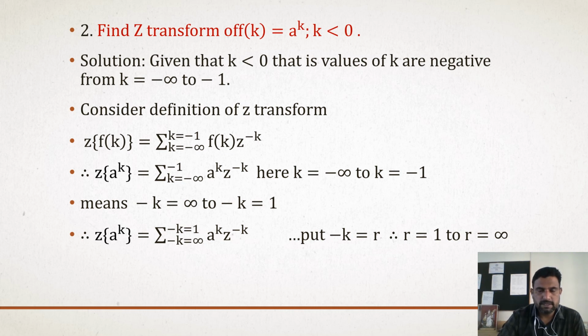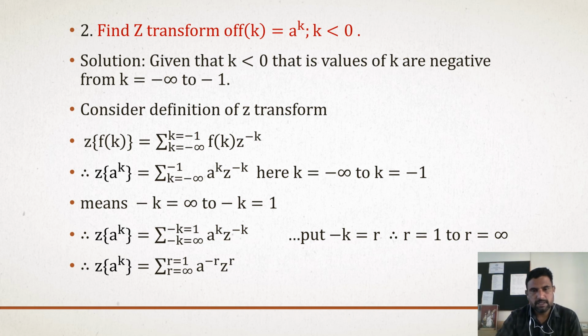So the summation of a raised to k z raised to minus k becomes, in terms of r, a raised to minus r, because k is minus r, so minus k is plus r. So for the z transform of a raised to k, we only replace k by minus r on the right side; the left side stays as it is. So the right side is the summation of a raised to minus r, z raised to r.